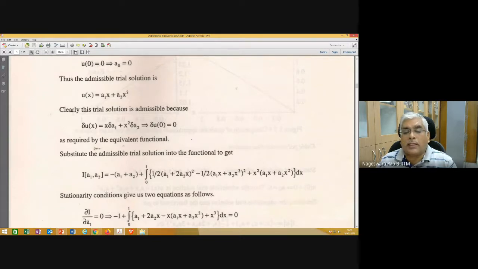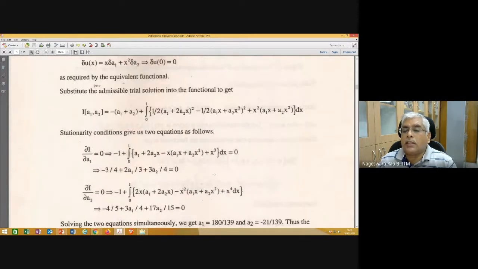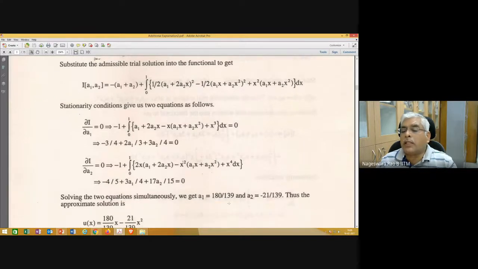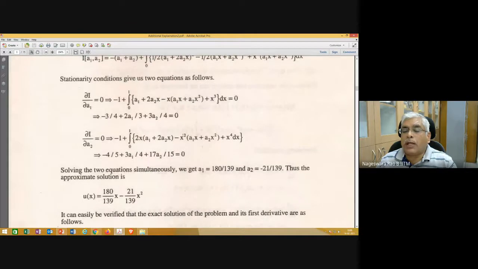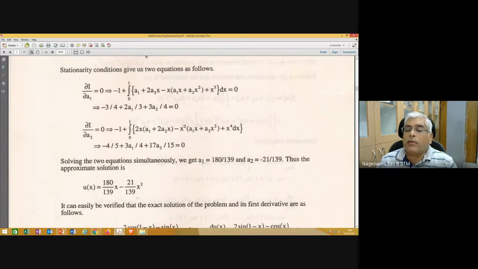Then apply stationarity conditions, and you get as many equations as the number of unknowns that appear in the equivalent functional. Solve these equations to determine the unknown parameters, and substitute them into the admissible trial solution to get the approximate solution, starting with the quadratic trial solution.